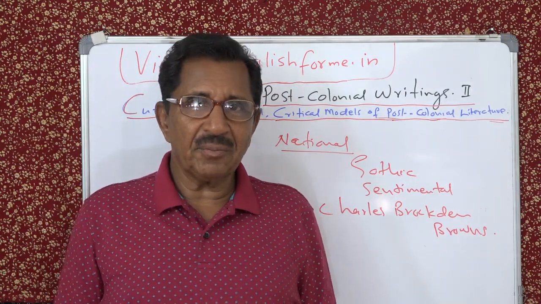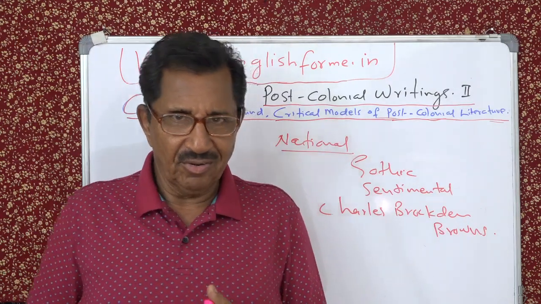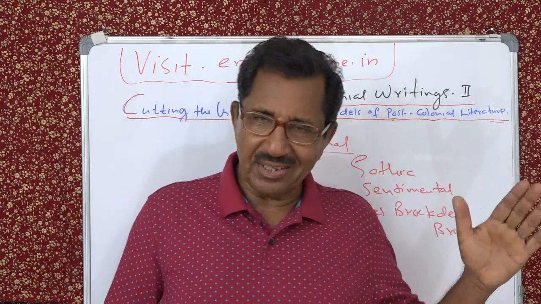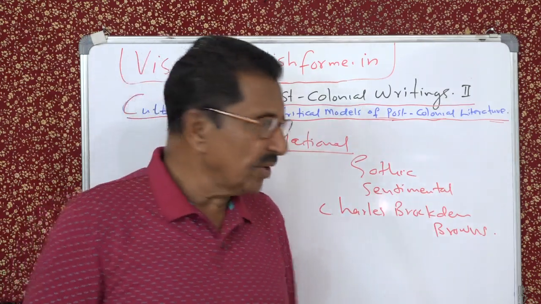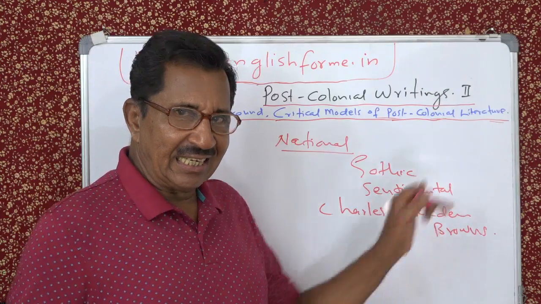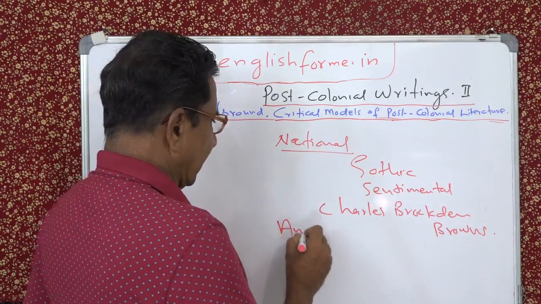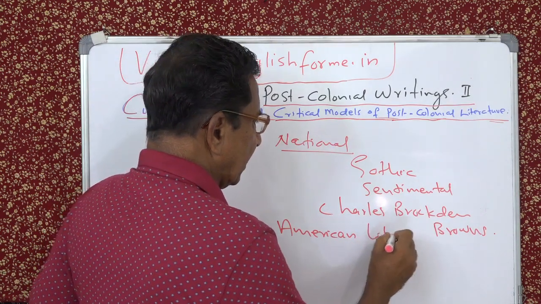So naturally their literature also, we can imagine like that. Therefore they said, we have nothing to do with English literature, or British literature. So they changed the adjective. English literature they changed to American literature. And this is American literature.